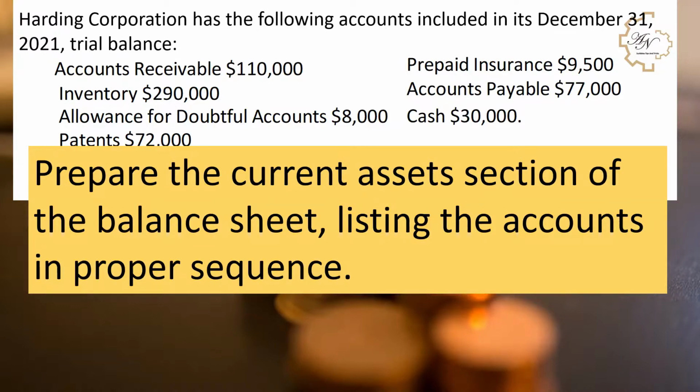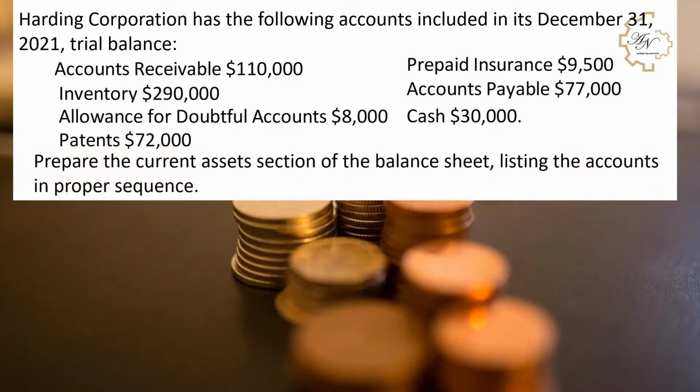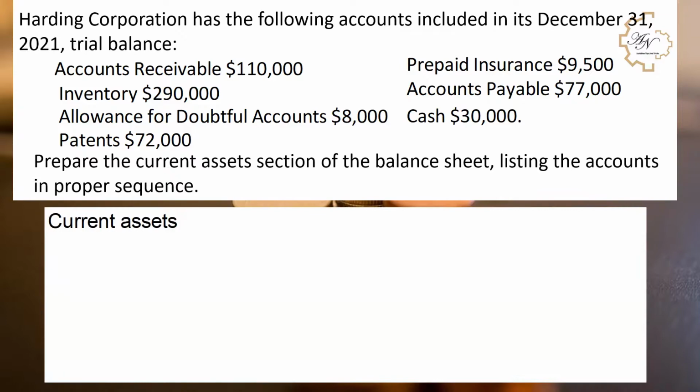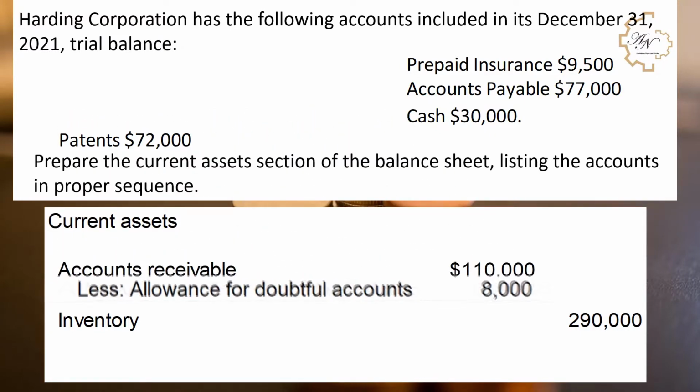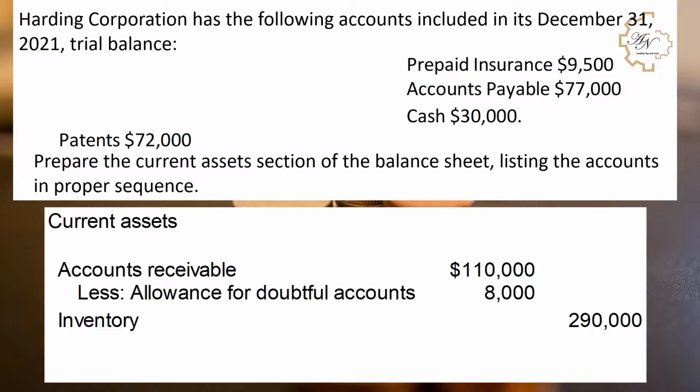The first account, we have accounts receivable, $110,000. It's in the current assets section. Inventory also. Allowance for doubtful accounts. It's a contra account. It must be deducted from accounts receivable. Patents.